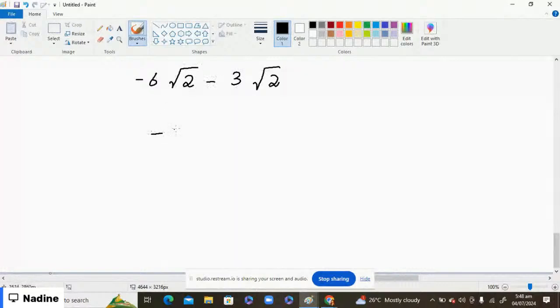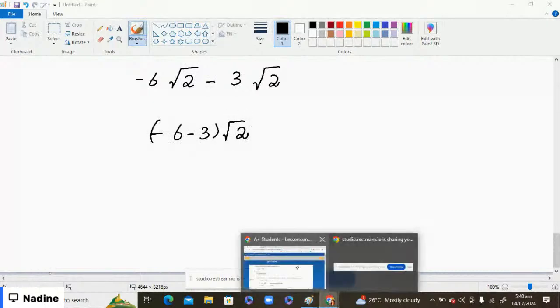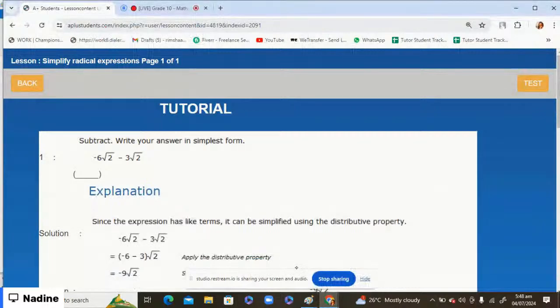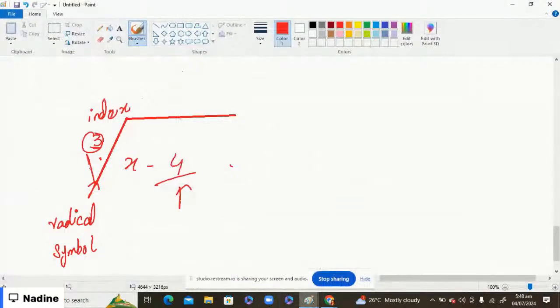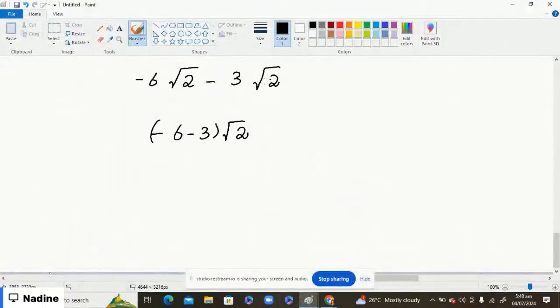So minus 6 minus 3 together, and here is square root 2. We're just going to take square root 2 common, since both are the same, and put it outside. Minus 6 minus 3 is minus 9 square root 2. This is the final answer.